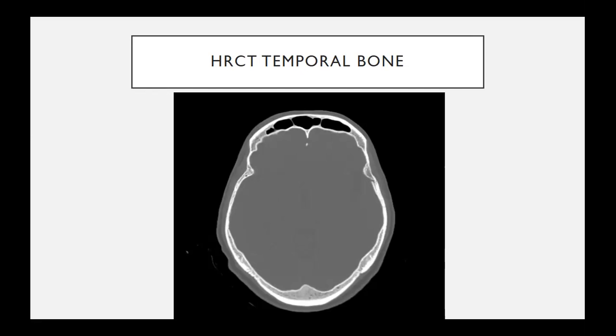Let us start with what is inoperable. Disease which has extensive soft tissue involvement or disease extending to the carotid canal. Correct. What else? And subpetrous involvement. Yes, that's right.